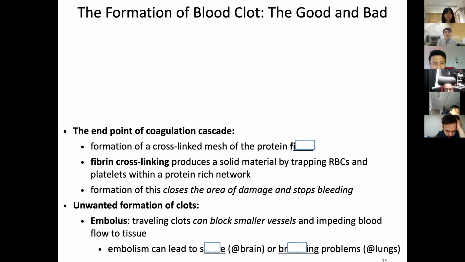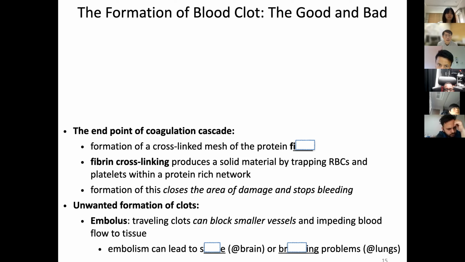This is our natural mechanism to protect ourselves. So that's the good thing. But unfortunately, this mechanism, very important for survival, can be bad. So when does that happen? The end point of the coagulation cascade is in fact the formation of a cross-linked mesh of protein.